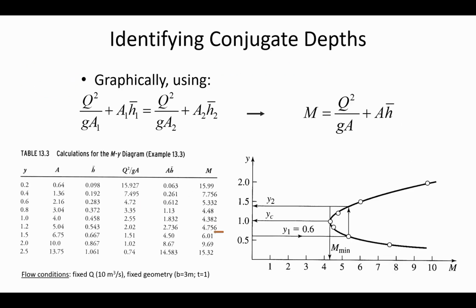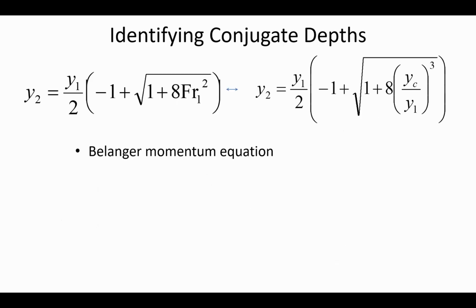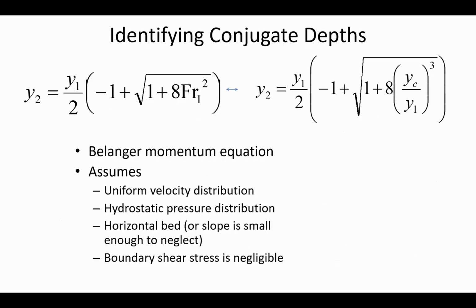Well, that would be really complicated to calculate the effect of that profile. So the Bellinger momentum equation says, well, let's just assume that it's a constant velocity profile. It still does okay in predicting downstream depths, but that's the assumption that's probably the furthest from reality, this assumption about uniform velocity distribution. The other assumptions are maybe a little bit less flagrant, assuming hydrostatic pressure distribution. Now, hydrostatic pressure applies when the water isn't moving.